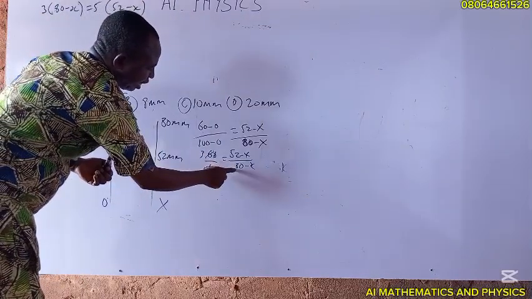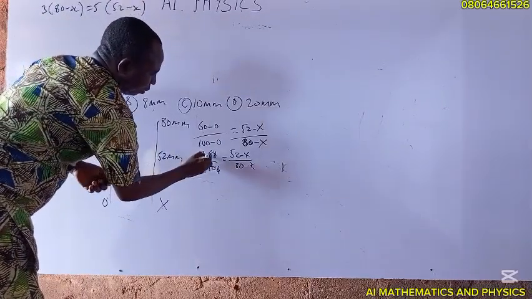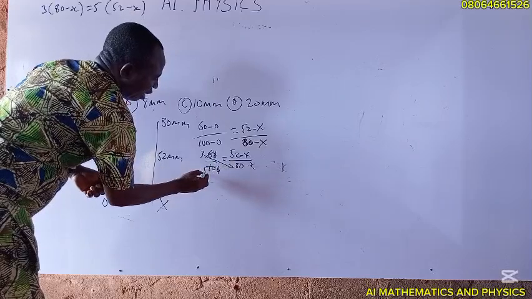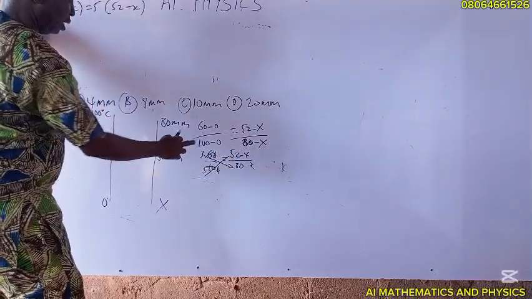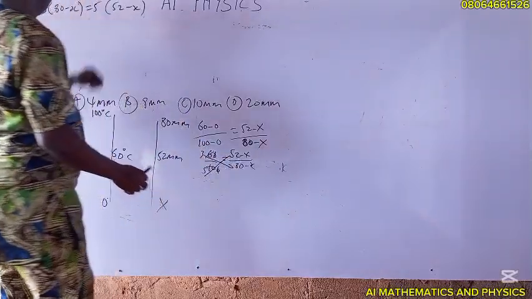When cross multiplying, we have this multiply this, 5 remain here, multiply this. That's 3 times everything here and 5 times everything here.